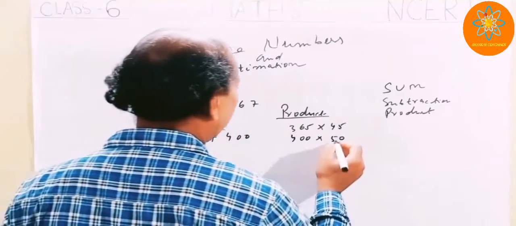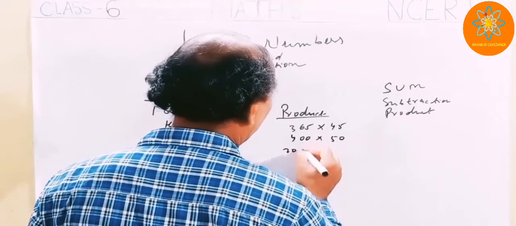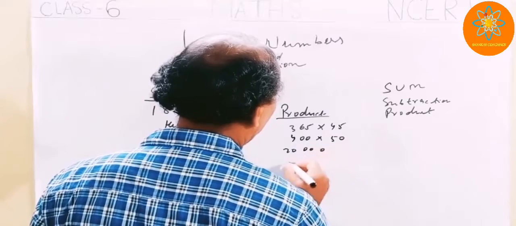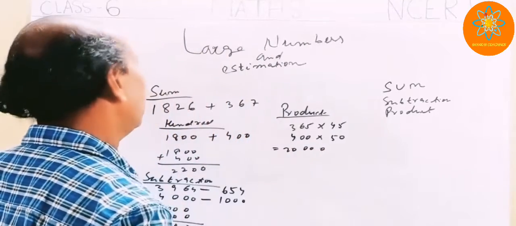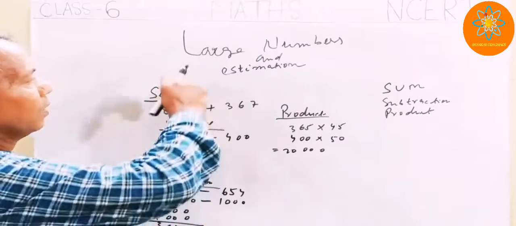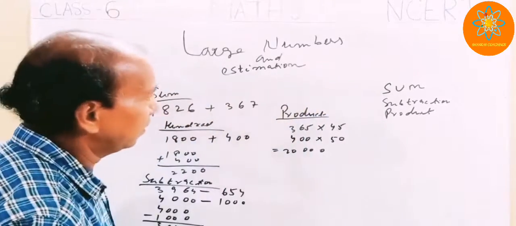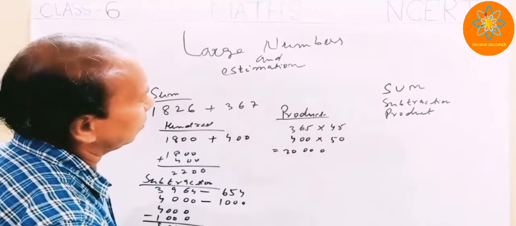So if you multiply this, you get the product. This is how large numbers can be estimated and used in sum, subtraction and product.